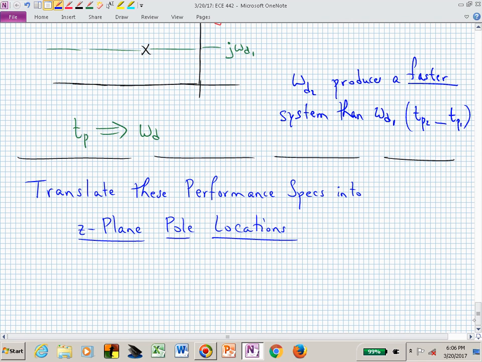Now what we want to do is translate these vertical lines, horizontal lines, and angles into geometric shapes in the z-plane. They're not going to be the same because of our mapping. Our mapping is z equals e to the st. So let's now use that.